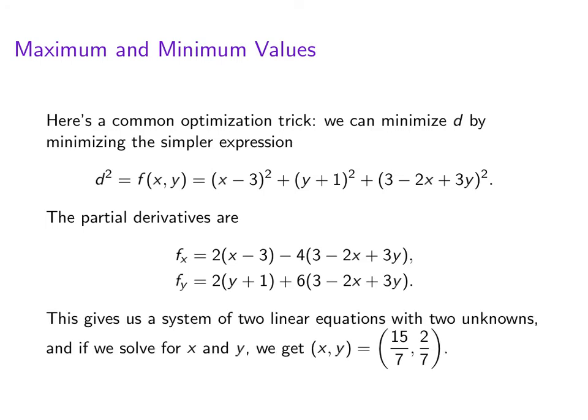So now we have a system of two linear equations with two unknowns. And if we solve for x and y, we'll get 15/7 and 2/7 for x and y. I'm sparing you the details of the computation to solve this system of equations. You should make sure to carry out the computation to see that you get these values of x and y.